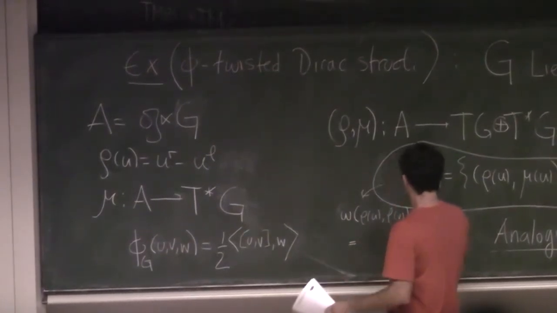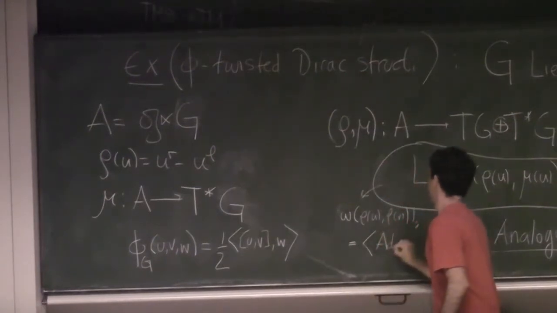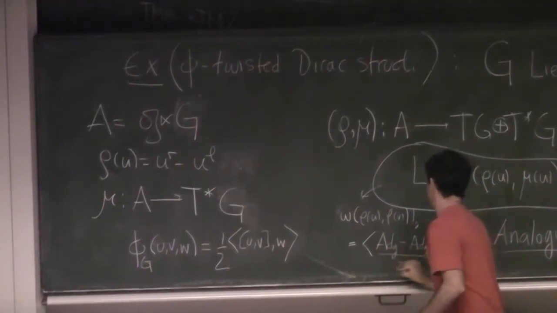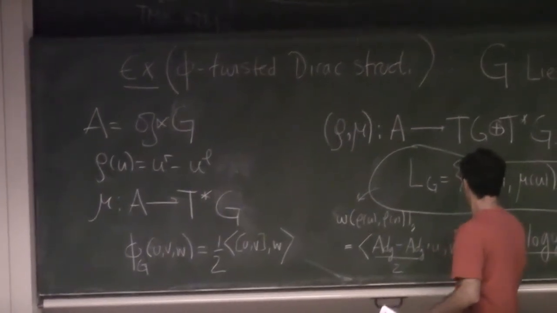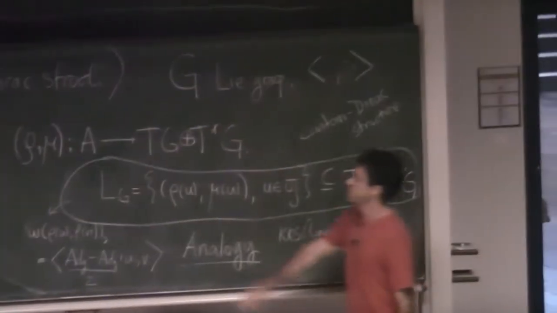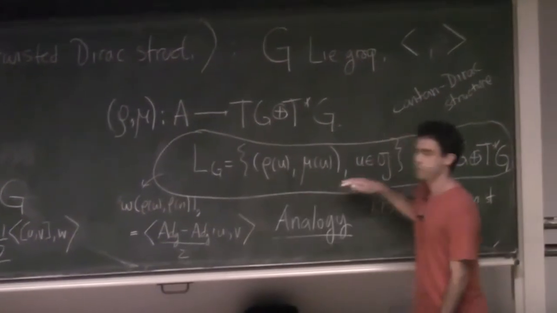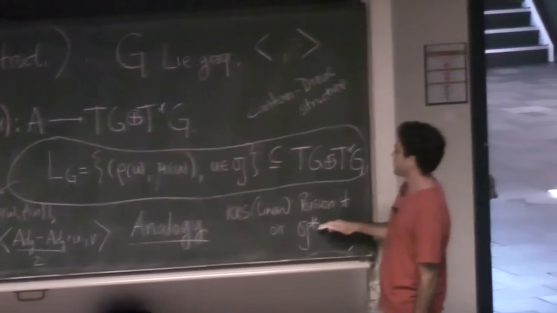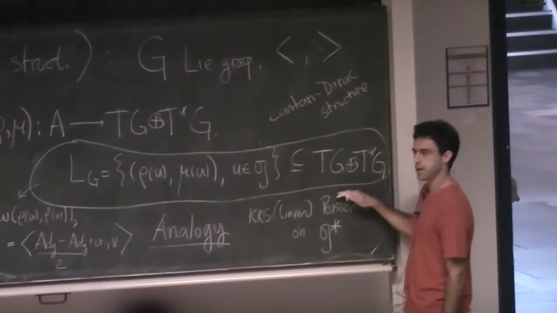With the signs, this at a point g is just this, and this is a 2-form. This 2-form is defined on each conjugacy class, and in a way encodes all the information of this structure, in the same way that the symplectic forms along the coadjoint orbits encode the KKS Poisson structure.